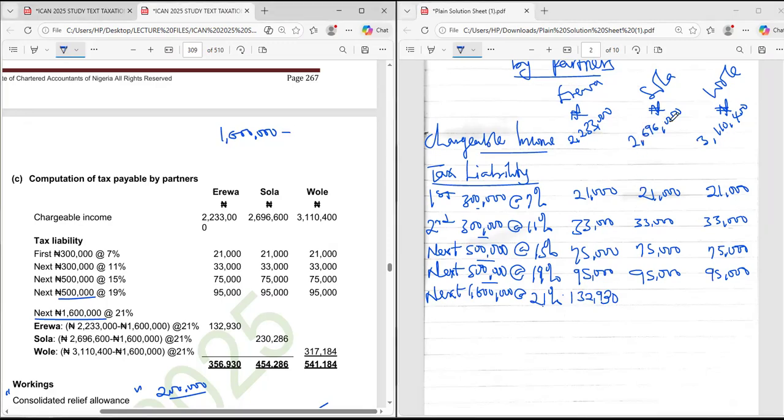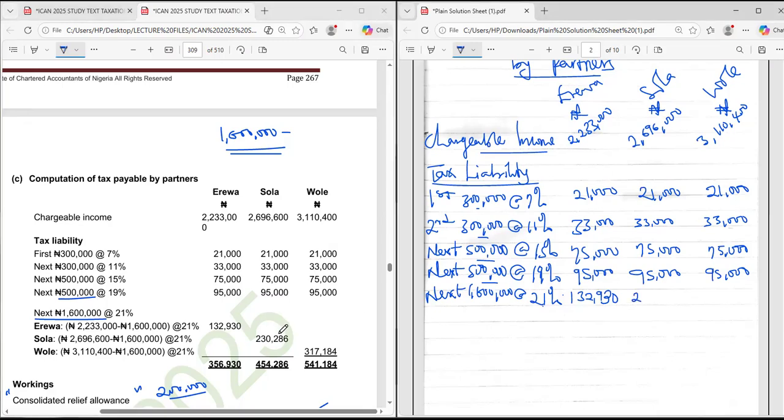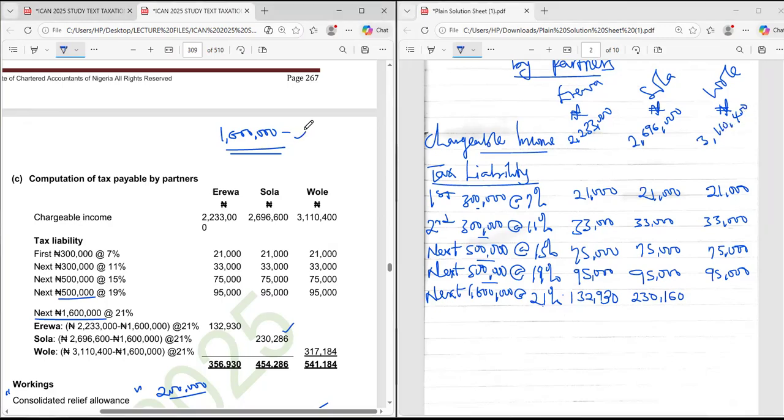Let's do this one now: 2,696,000 minus 1.6 million, the difference times 21%. I'm getting 230,280. Follow your own. For the last one, 3,110,400 minus 1.6 million, times 21%.